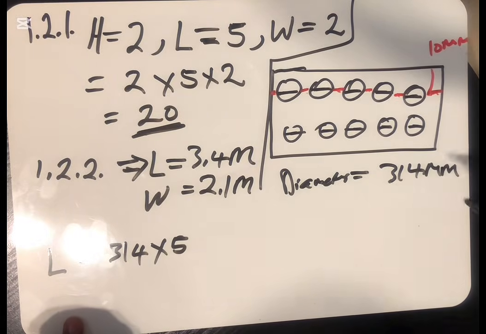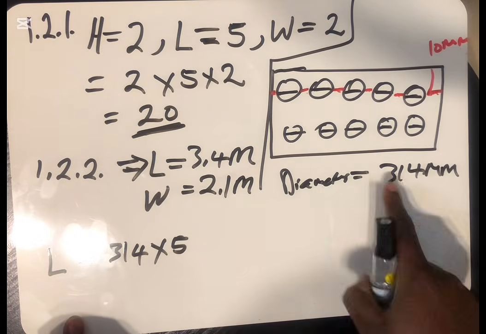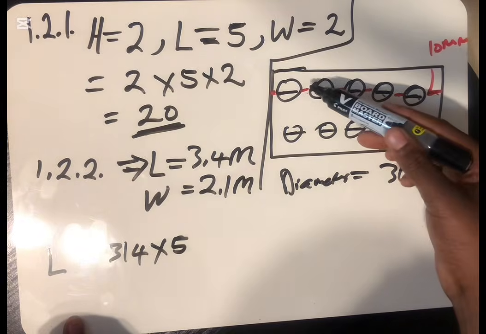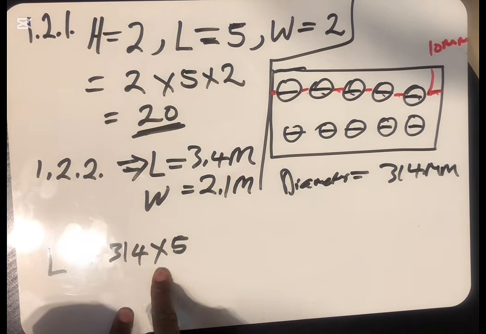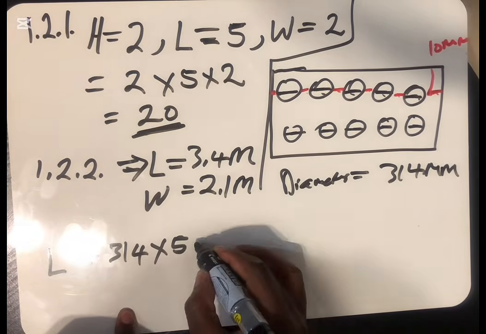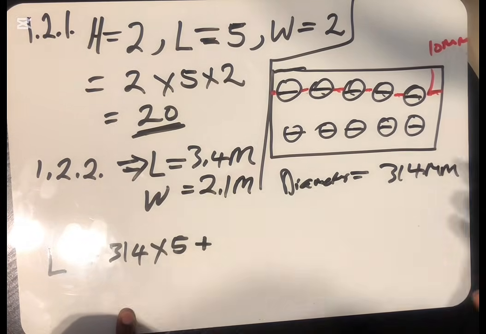Don't forget, we have 5 bottles, and each one is 314 in terms of how wide it is, plus the gaps.